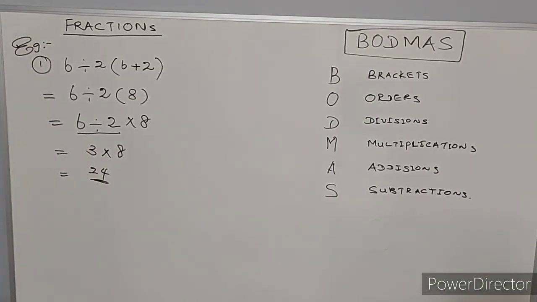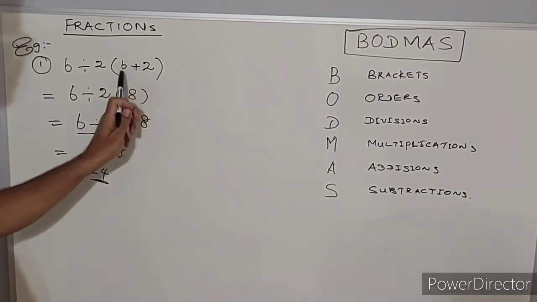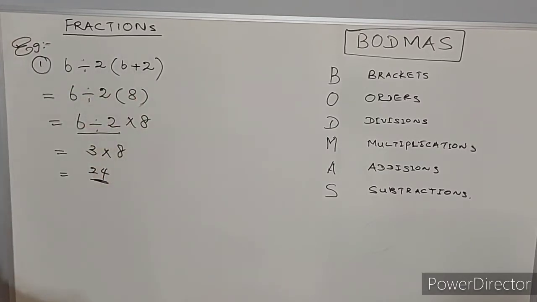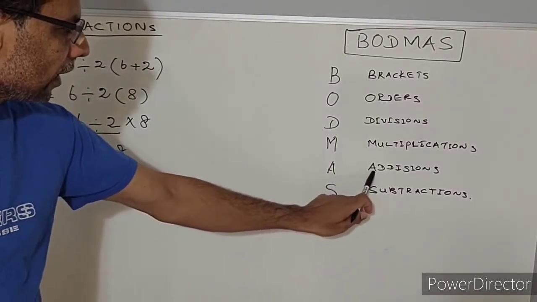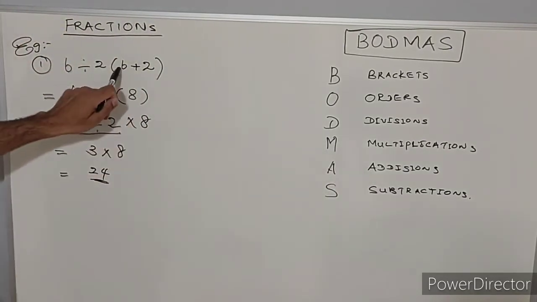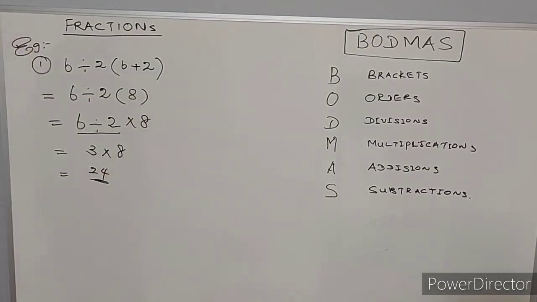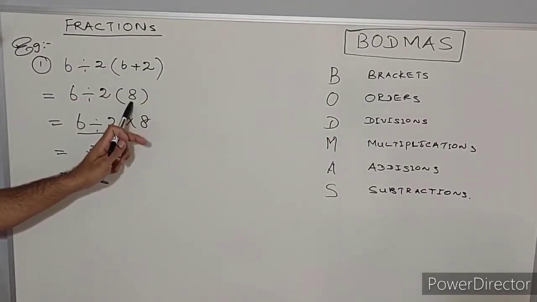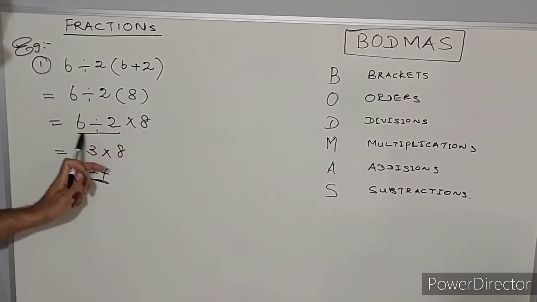Okay. You can see within the bracket, it doesn't matter what sign is inside the brackets, but you have to resolve that first. Because this plus, the addition, is the last one. But we did it first, the reason why is that it is within the brackets. Now you understand that I resolved within the brackets, then I wrote down the same thing here, and the same thing here.